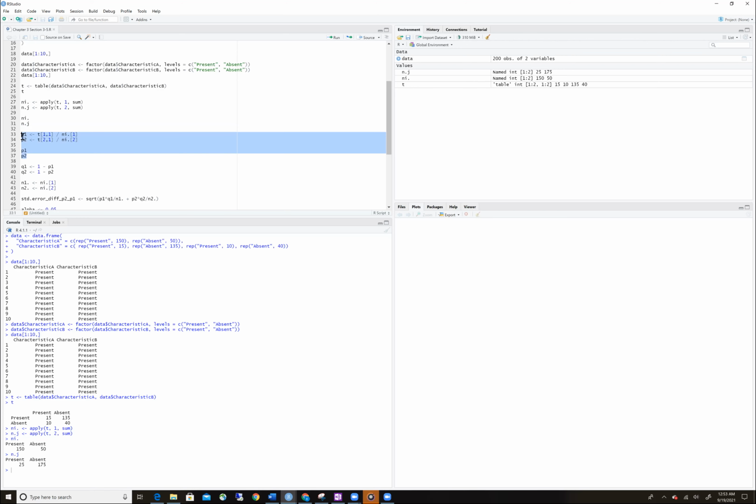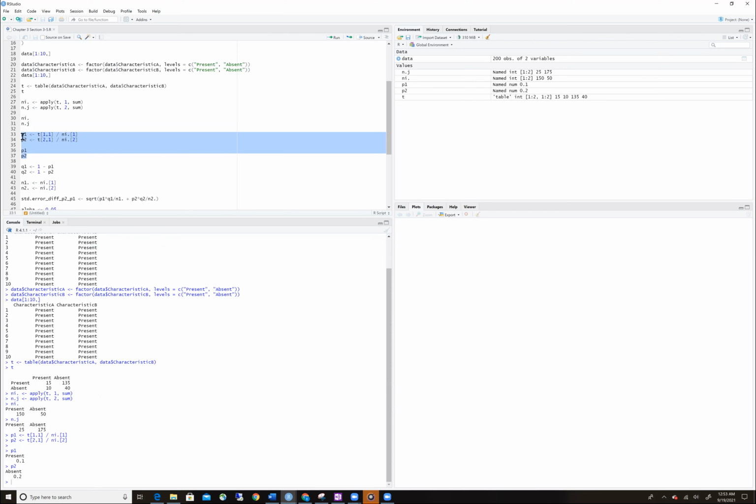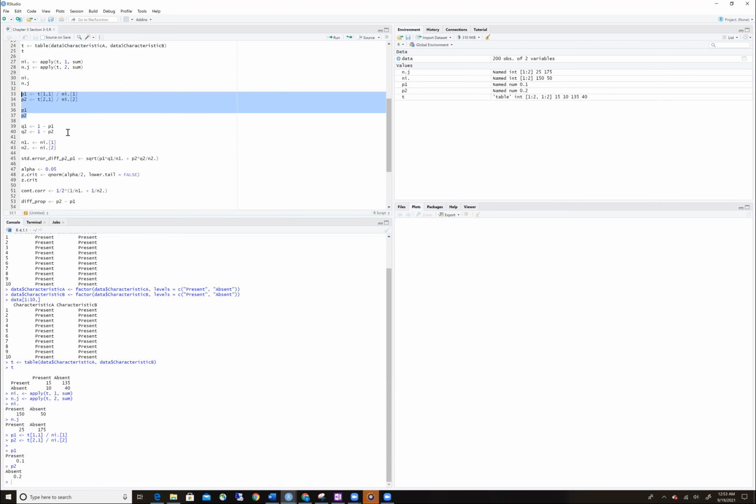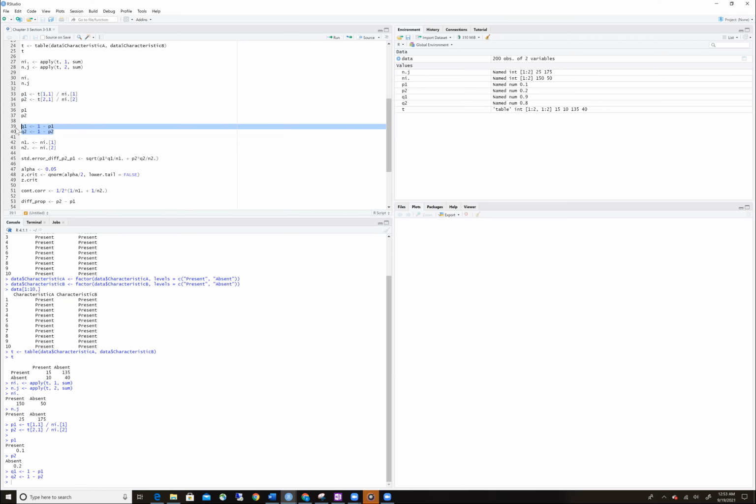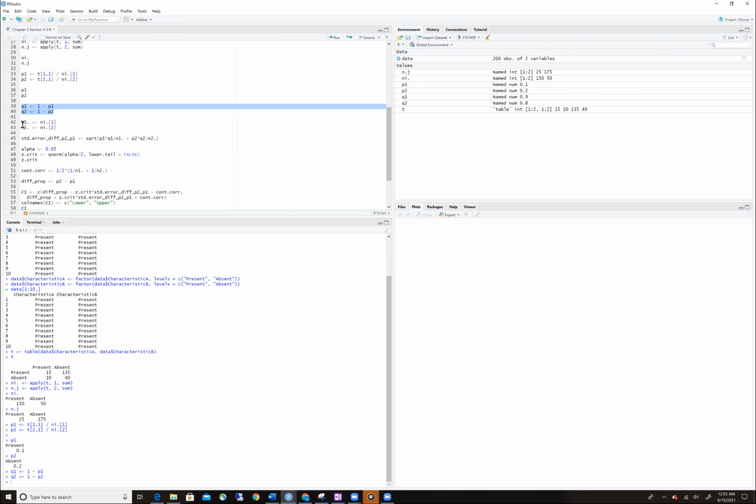When we run that through, we see that P1 is 0.1 and P2 is 0.2. We can calculate Q1 and Q2 in the regular way by doing 1 minus P1 and 1 minus P2 respectively. And then we can set N1 dot as the first element and N2 dot as the second element.